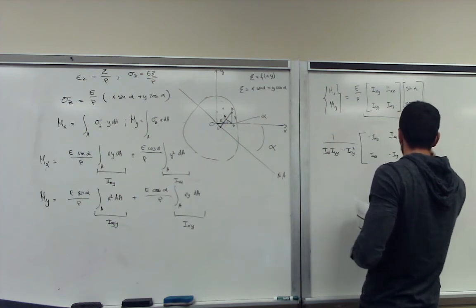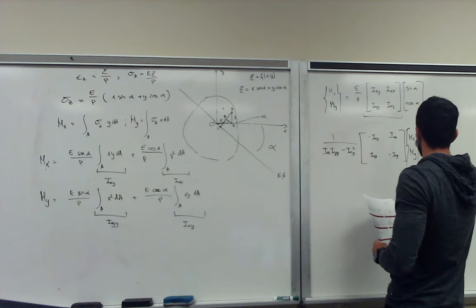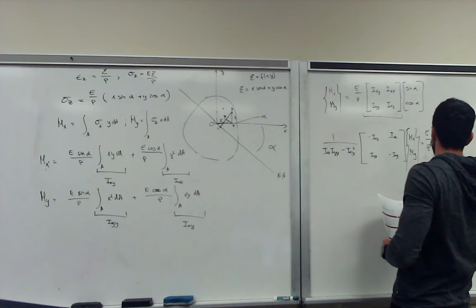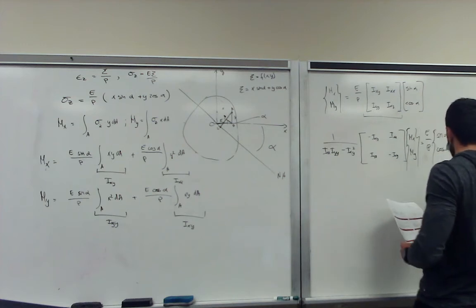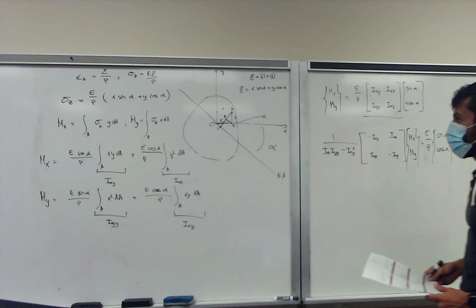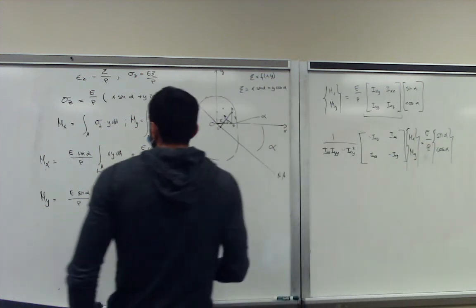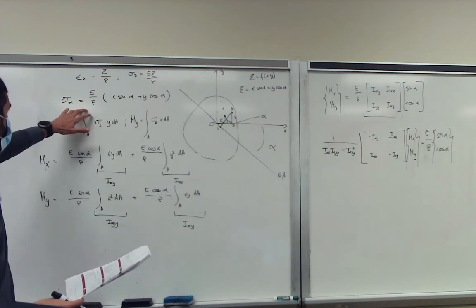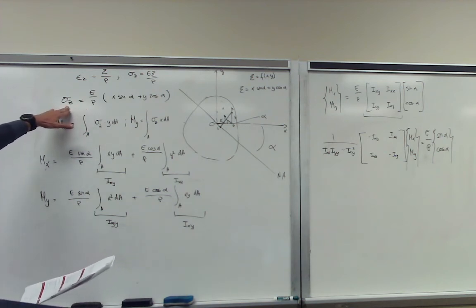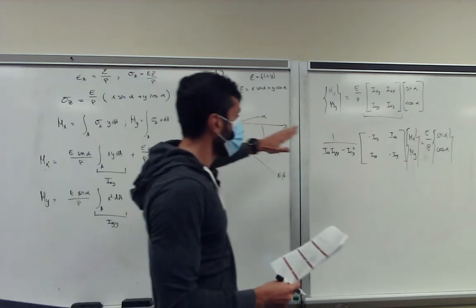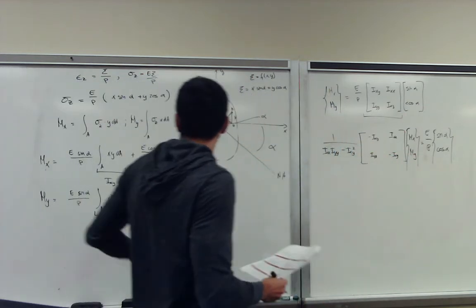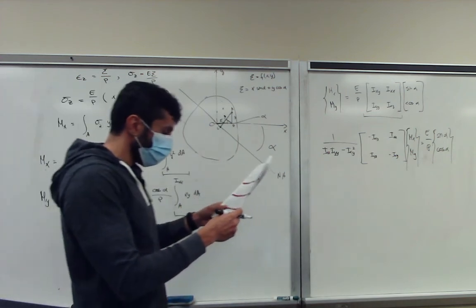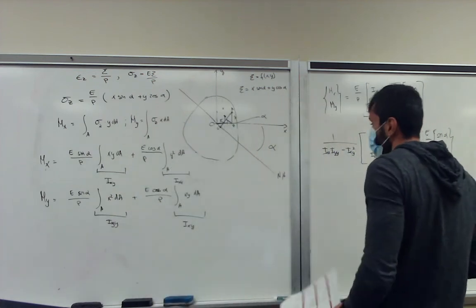E over rho, sine alpha, cosine alpha. So we can now use this definition of the stresses and substitute into this equation, because we can see that the only difference is that we don't have an x and y, and we can get our final equation.